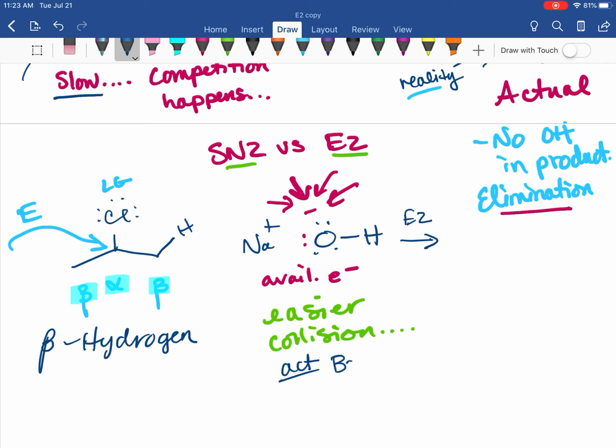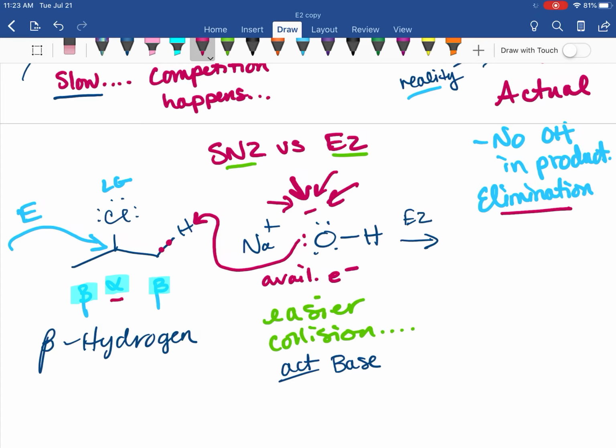So let's draw that mechanism. Okay, we have an O- right here, so that means it's going to act as a base. What do bases do? They take a hydrogen. What makes that a base? It is going to bond to the hydrogen, not the carbon. So then what happens?